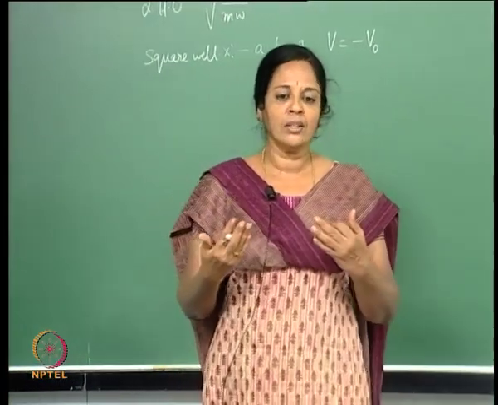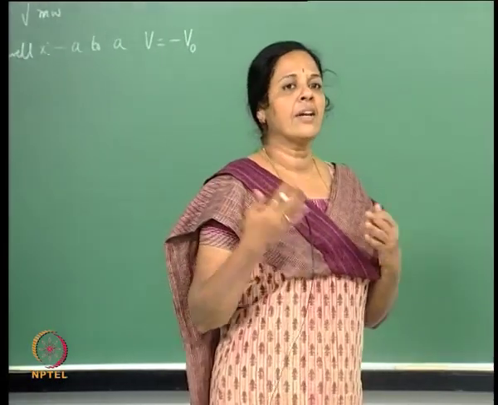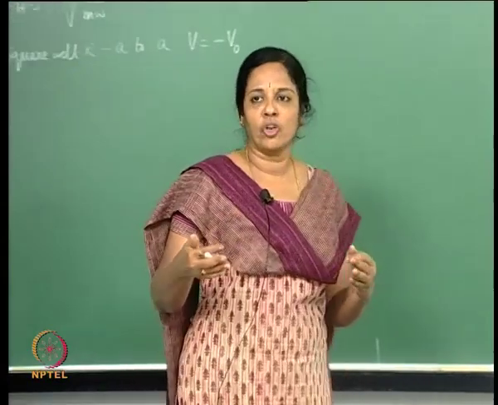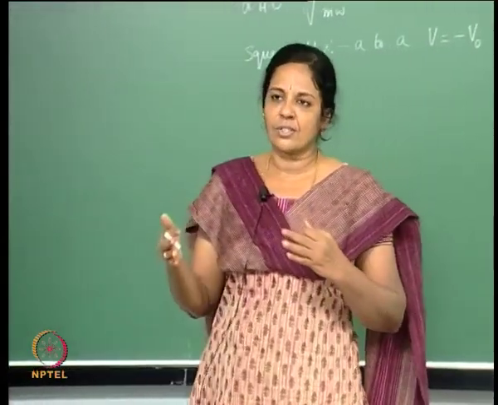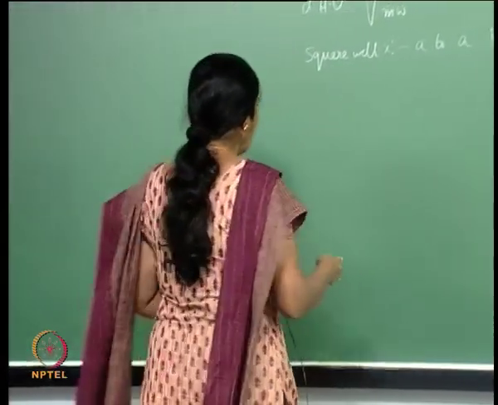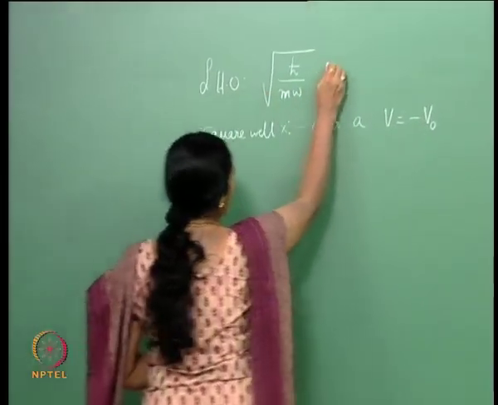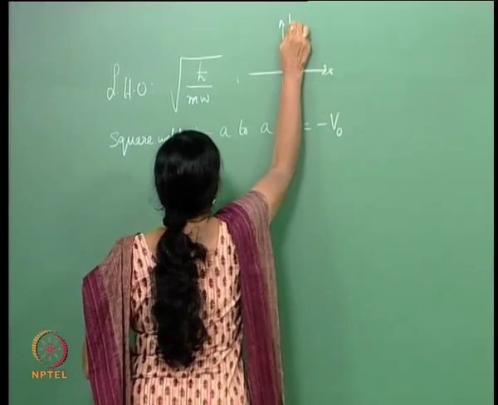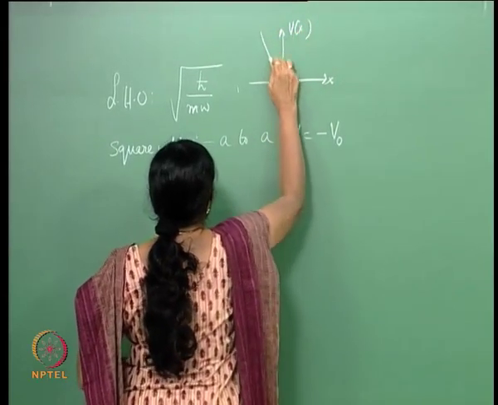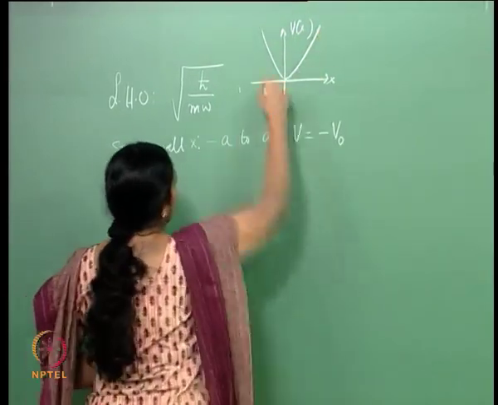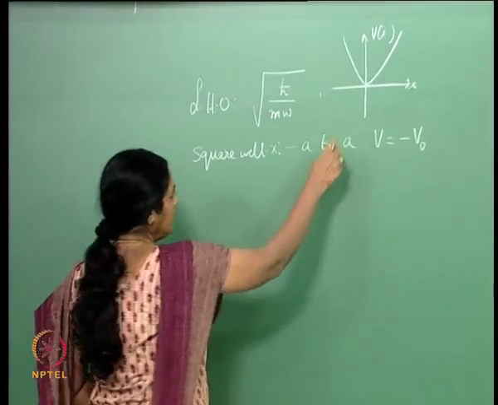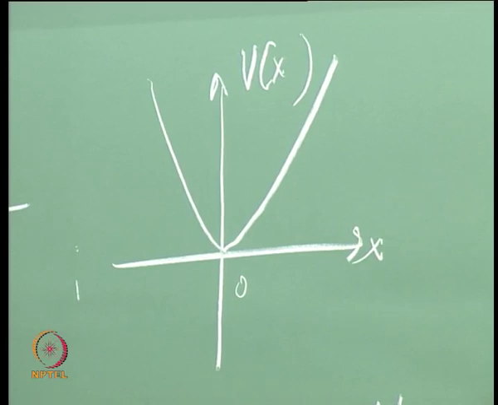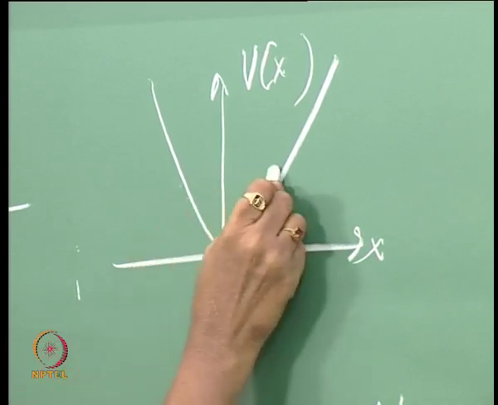The surprising thing about quantum mechanics, as I have also reiterated in the past, is that there are classically forbidden regions which are accessible to the quantum state. For instance, in the case of the harmonic oscillator, if you had plotted V of x versus x, that was a parabola going all the way up, and a classical particle would be confined to this region.